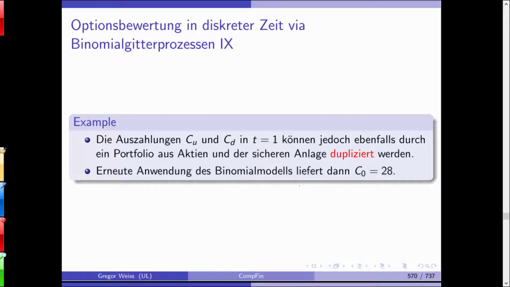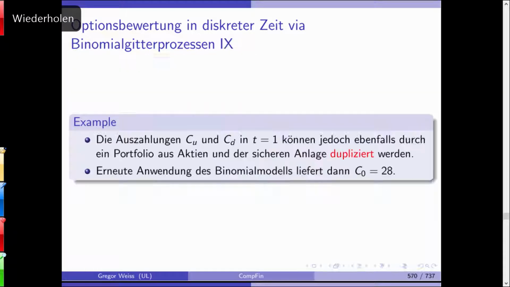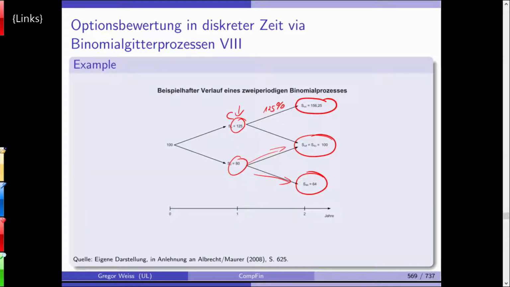You can duplicate those payments, CU and CD in t equal to 1, again by using the underlying and the risk-free investment, and this is how you get those two payments here, CU and CD, and then you take CU and CD and come up with the option price.